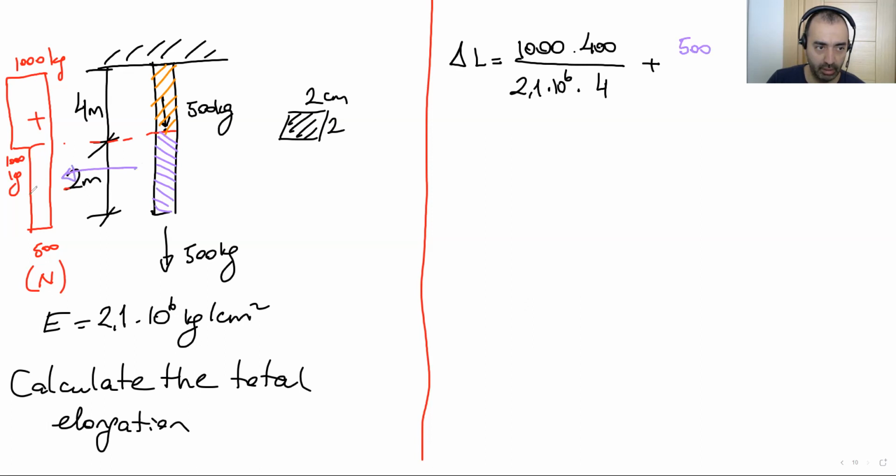Take a look there. This portion is 500. 500 times 2 meters over times 4. And this gives us the total elongation.